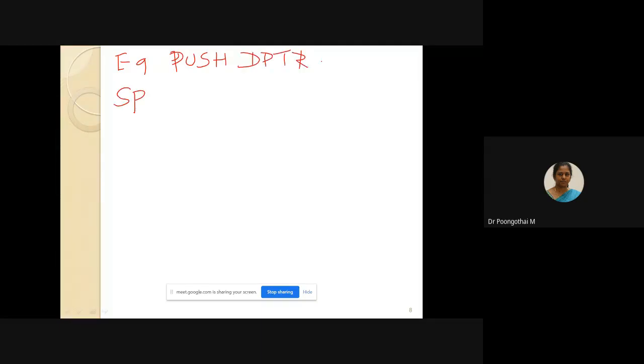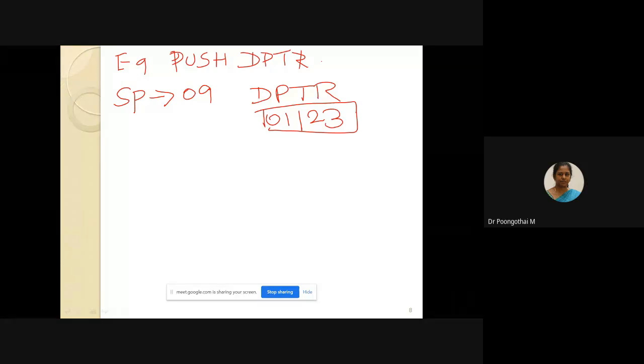Currently, your stack pointer is pointing to 09, and before execution your DPTR holds the value 0123. What is the operation? Whatever the content of DPTR, that data is pushed into stack memory. That is the operation performed by the push instruction. Initially, the top of the stack is 09. During the execution, the stack pointer is incremented by 1 and points to 0A.